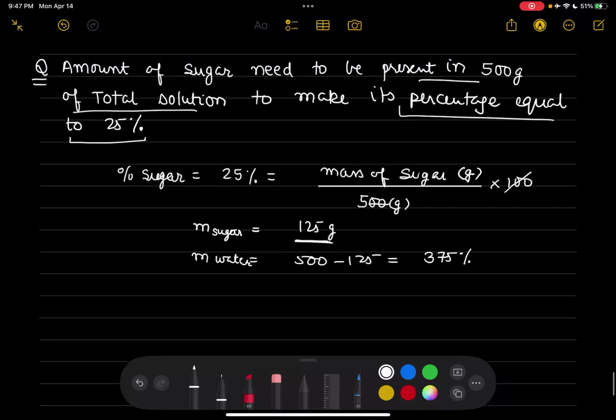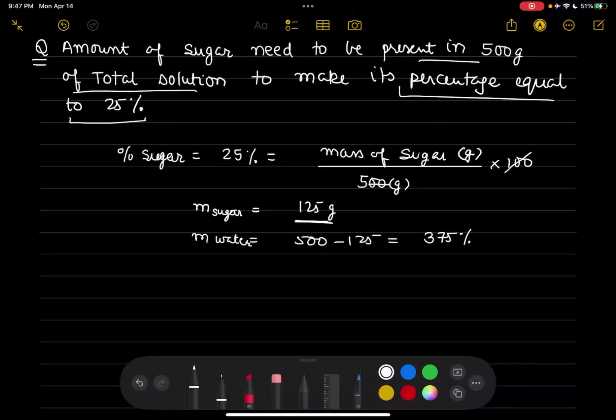How much water needs to be added to decrease the percentage to 20%?